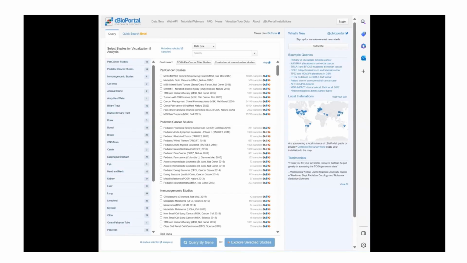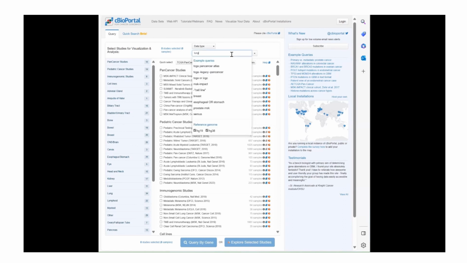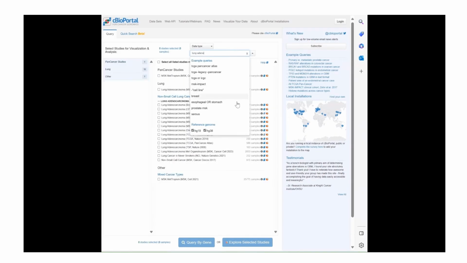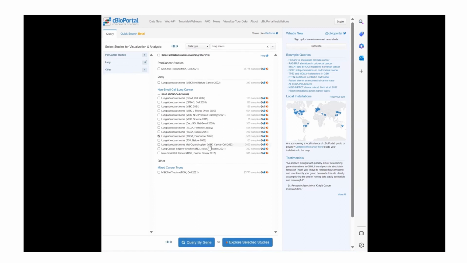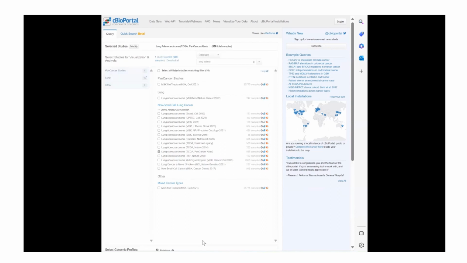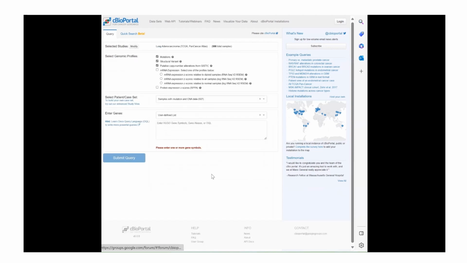So now we are back at the cBioPortal, and we're going to search for our study again, which was lung adenocarcinoma. And it was this one here specifically. What we're going to do now is use the query by gene function, and we're going to add the genes that we're interested in.